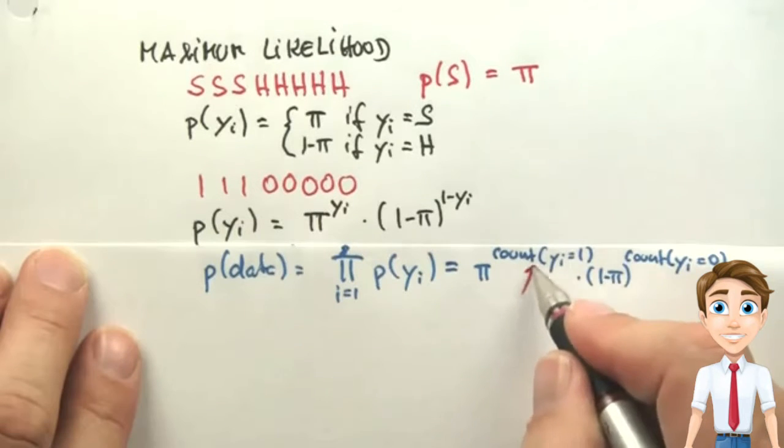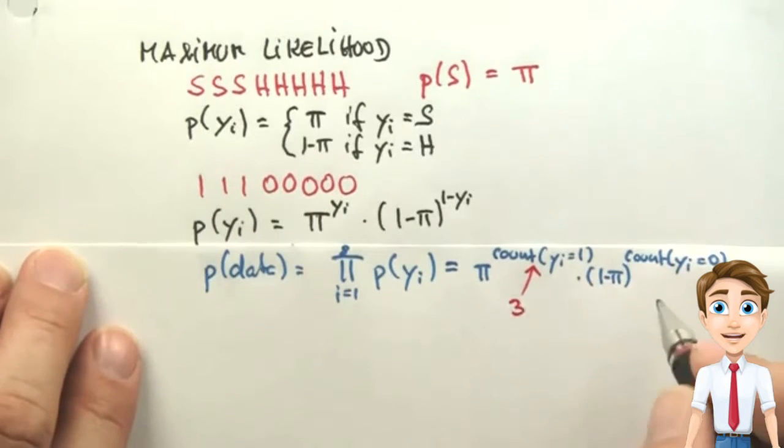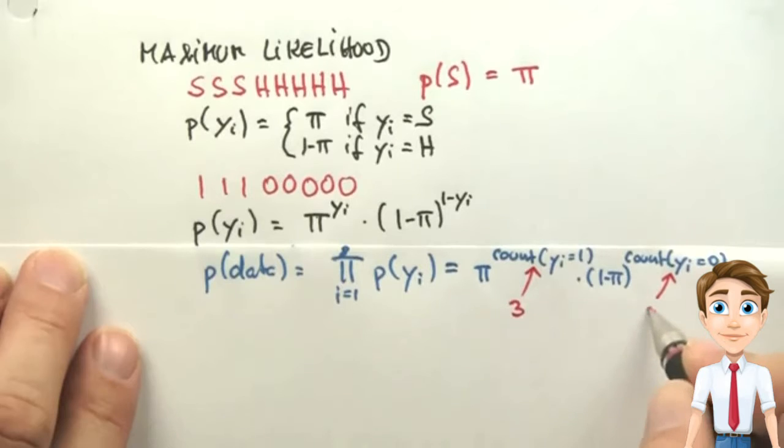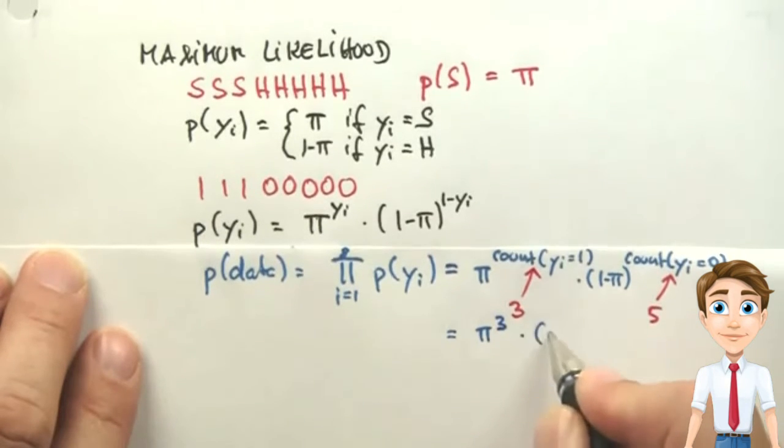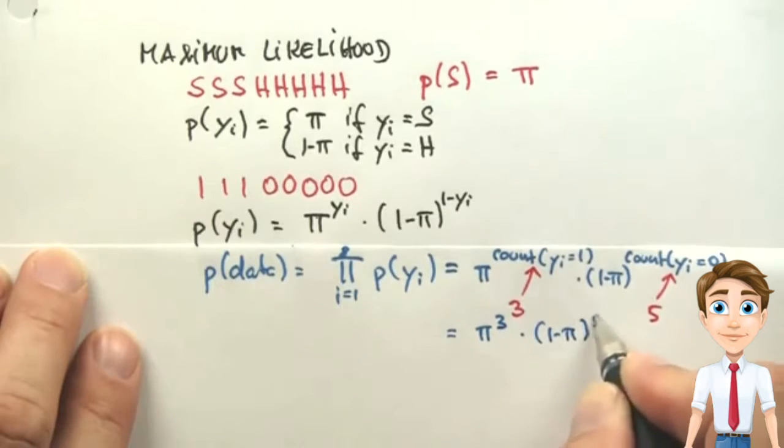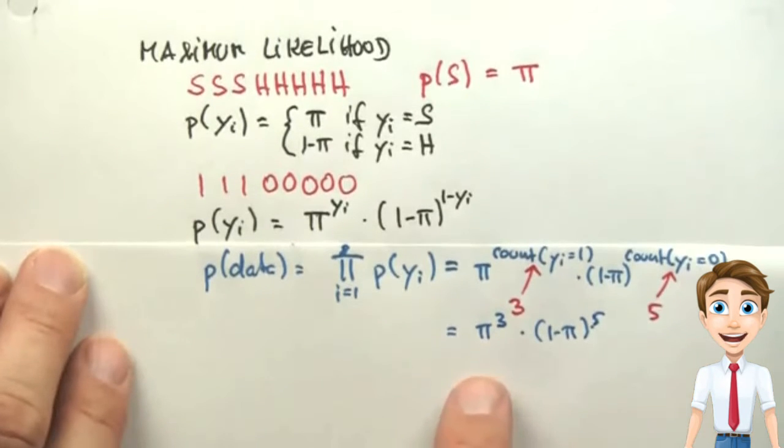And we know in our example that this count over here is 3, and this count over here is 5. So we get pi to the third times 1 minus pi to the fifth. We now wish to find the pi that maximizes this expression over here.